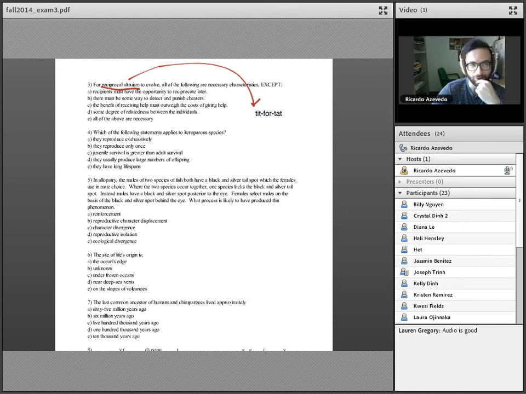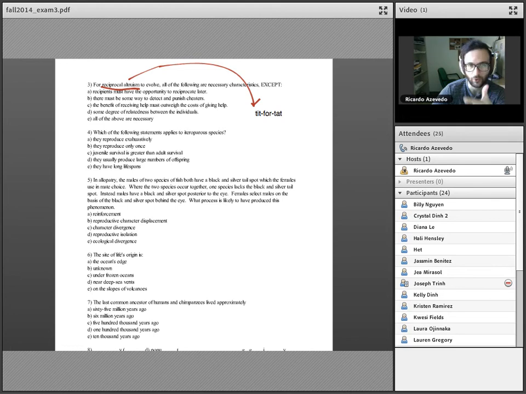So, of course, recipients must have the opportunity to reciprocate later. That's the whole point of tit for tat. There must be some way to detect and punish cheaters, because otherwise, if cheaters go unpunished, this system will collapse. If there's no way for cheaters to lose, then they are going to become the dominant phenotype in the population.